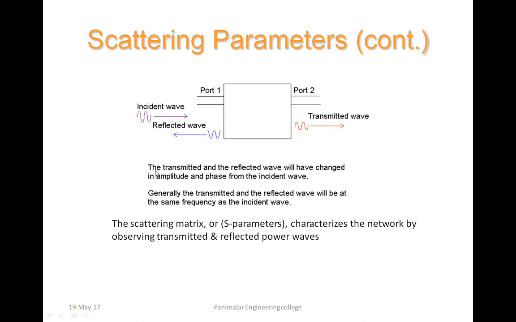So now the transmitted and the reflected waves will have changed in amplitude and phase from the incident wave. Generally, the transmitted and the reflected waves will be at the same frequency as the incident wave. So now, using the scattering parameter methodology, we are trying to characterize the network by observing transmitted and reflected power waves. Generally, we will use only the amplitude value.